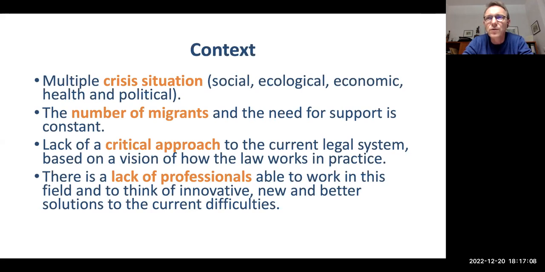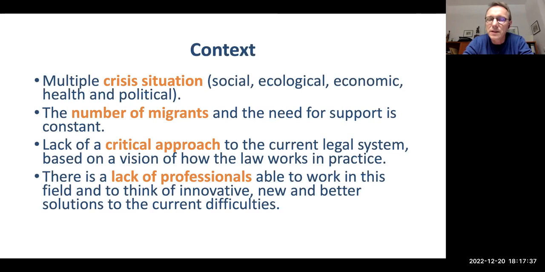So you can see a lot of violations coming specifically from public actors in the field of migration law. And there is a lot of ongoing discussion whether it's actually interesting to show this to law students as an educational method, because to some extent you educate people to behave according to the rule of law, but at the same time you see that public authorities are not behaving according to the rule of law.